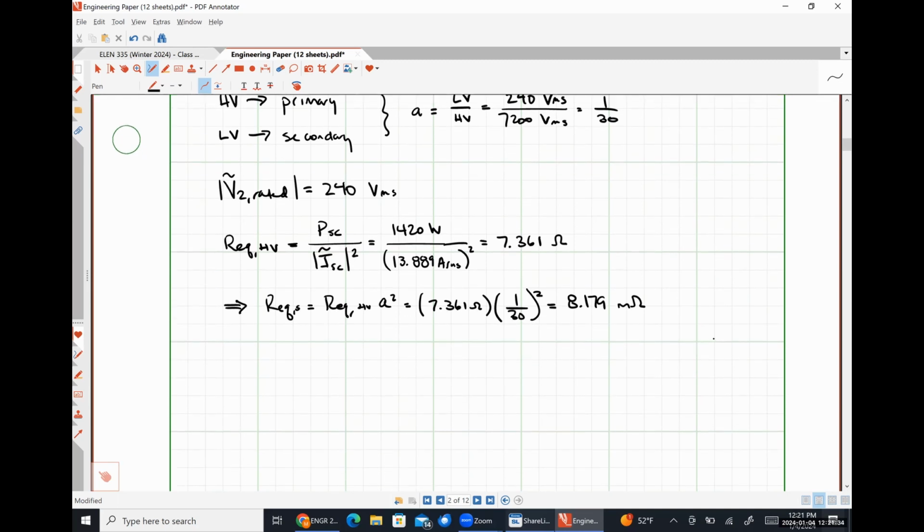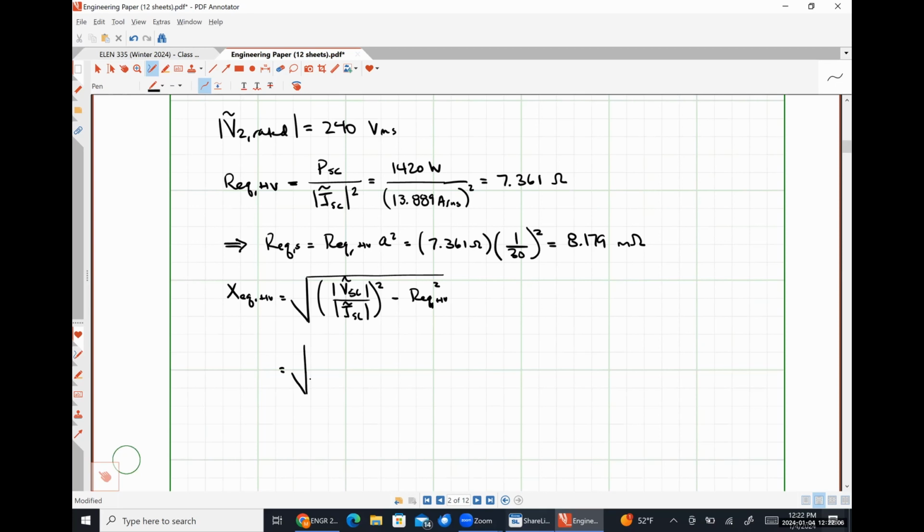For our equivalent reactance on the high voltage side, that is the square root of the magnitude of our short circuit voltage divided by the magnitude of our short circuit current, quantity squared, minus the equivalent resistance on the high voltage side squared.